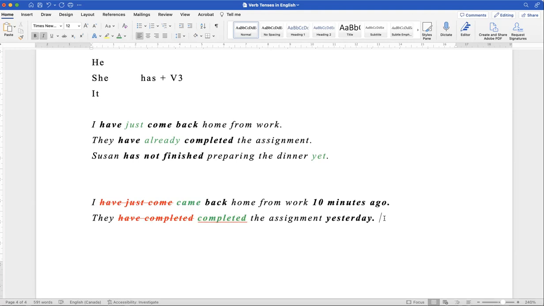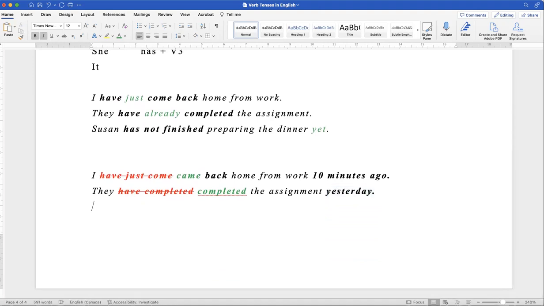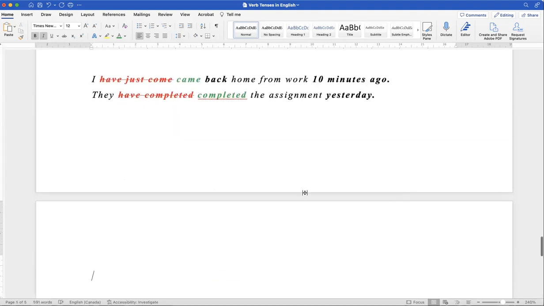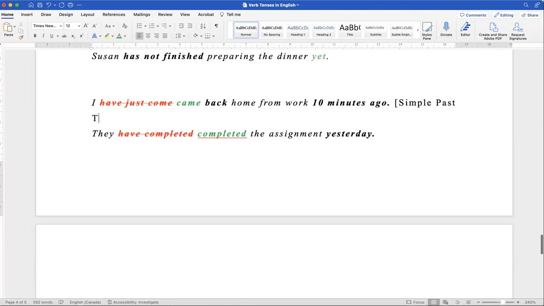Okay. So yeah, you need to pay attention to such details. But again, in these examples, which verb tense did we use? Simple past. And here again, simple past.